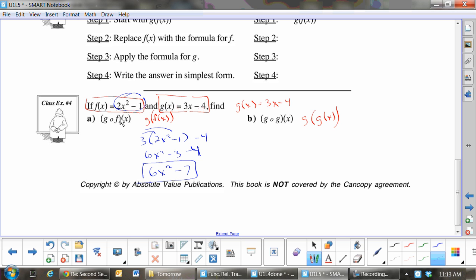And now do we see that we have to take this and put it into this. So what I'm going to do is go 3 times (3x minus 4), minus 4.